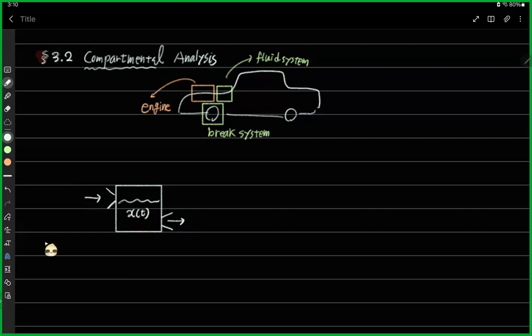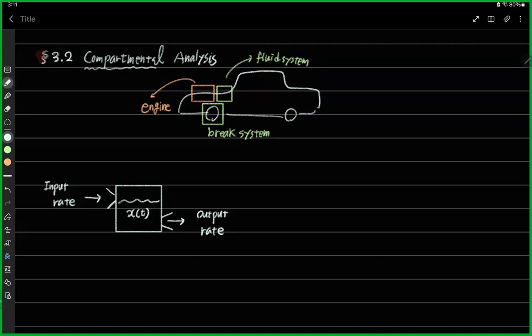So here, this is maybe the input rate of the substance, and this is the output rate of the substance.